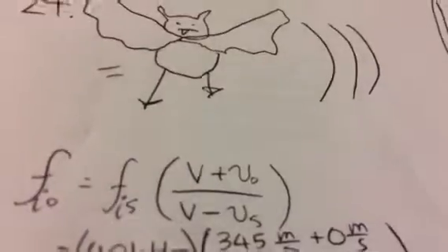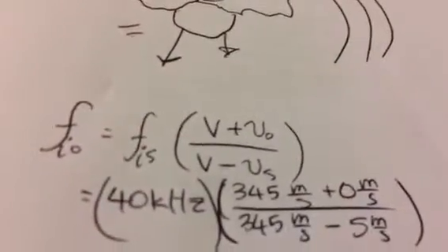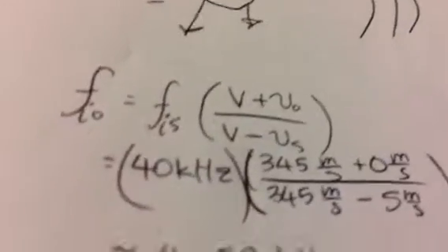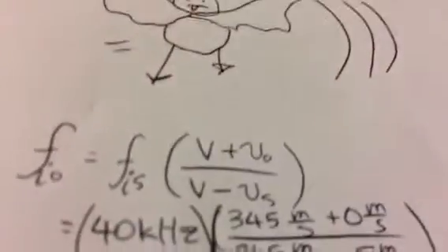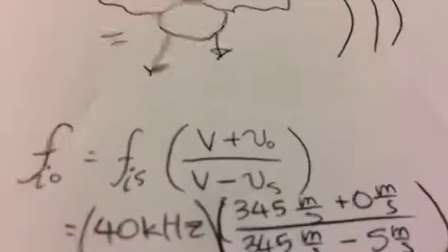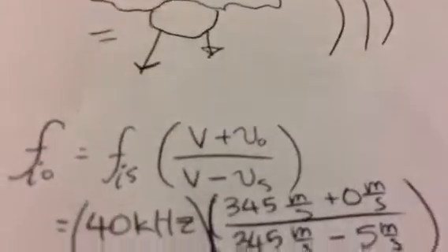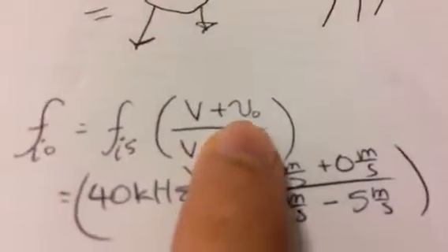The next thing I did was I used what we learned in class. The frequency of the observer, and those i's right there, they stand for initial. So the initial frequency of the observer is equal to the initial frequency of the source times the quantity of the velocity of sound, that's what V is, plus the velocity of the observer.